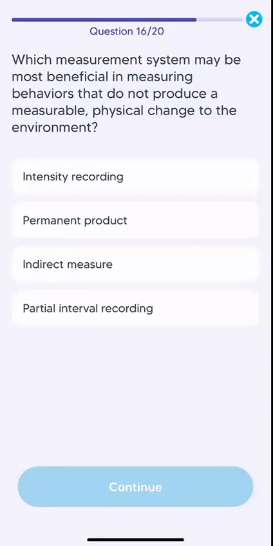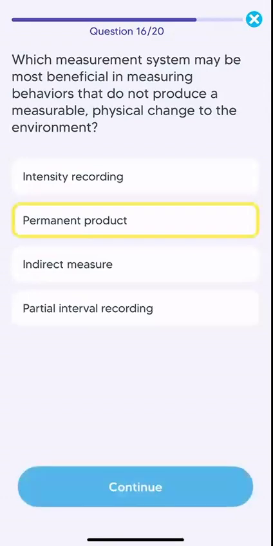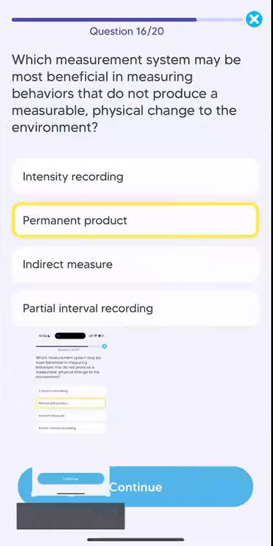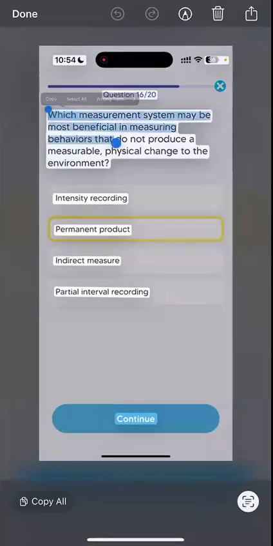I think the second one, because of permanent product. Permanent product is something like a confirmed behavior, where you can count the outcome of the behavior. Check.